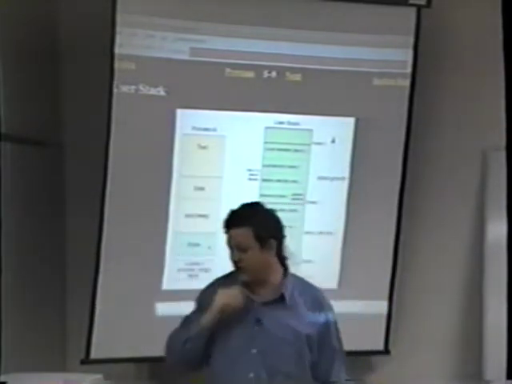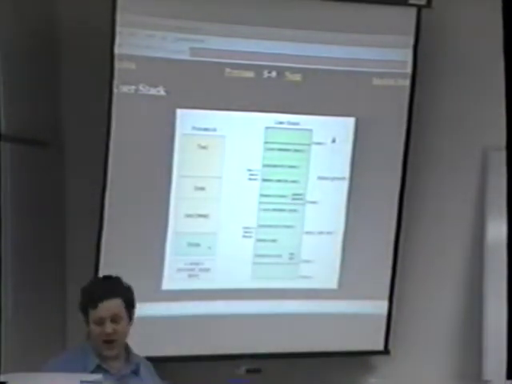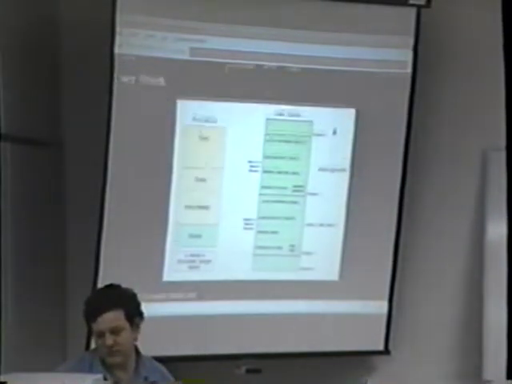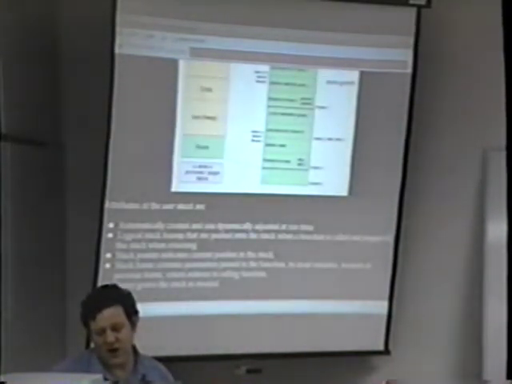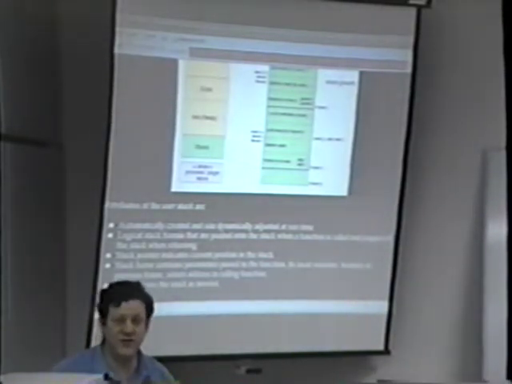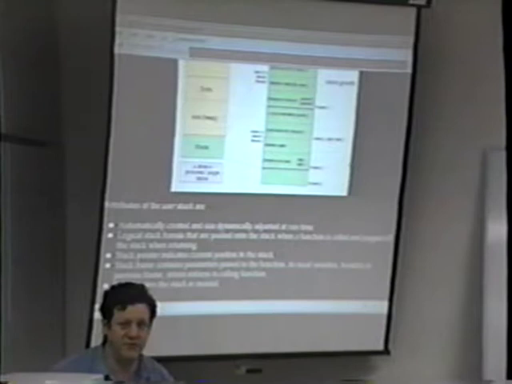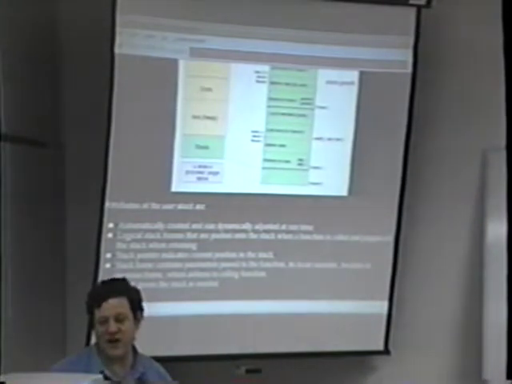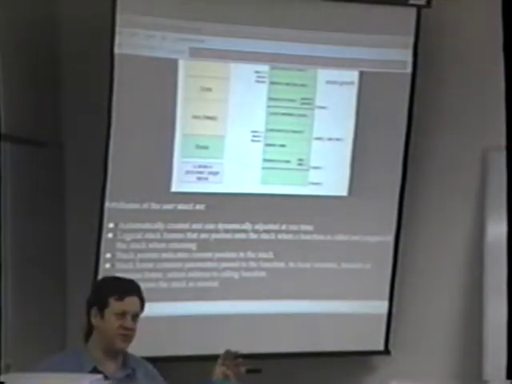And it's all managed by the libraries, really the libraries more than anything. It's automatically created and dynamically sized. There is a limit to the stack, and it's not uncommon when you start multi-threading to hit that limit. Because again, if you got 128 threads, that main function is going to have 128 frames, one for each thread.